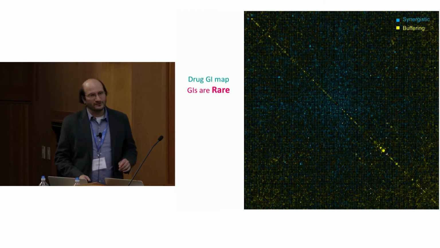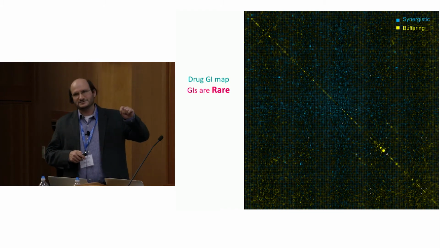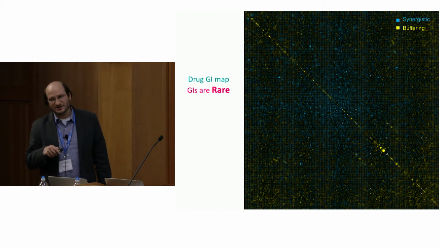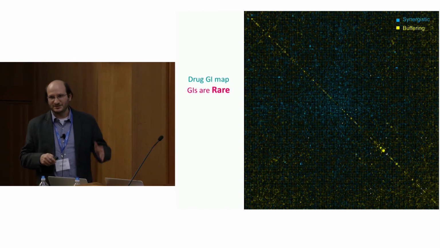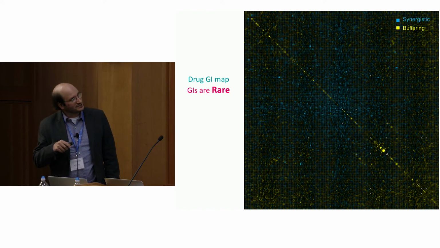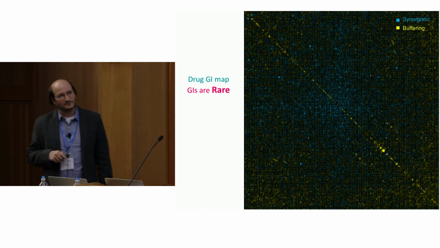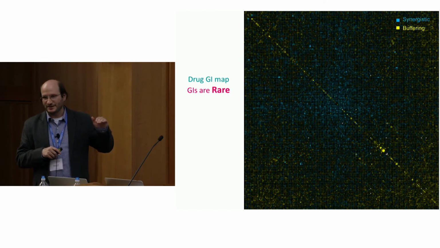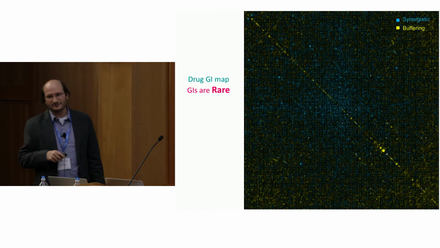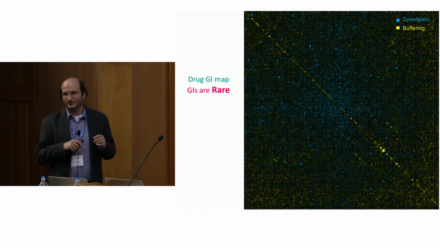So that was nice, although if you actually go back to the type of genetic interaction map that I showed at the beginning, if you did the same interaction map with the data that I just showed you from this drug map, you would see mostly black space because, as I mentioned, there's a really very low frequency of interaction. So if you tried to do the type of clustering based upon similarity of interaction patterns that I showed was useful in ricin, you get virtually nothing in terms of useful clusters coming out of an interaction map for this drug map.